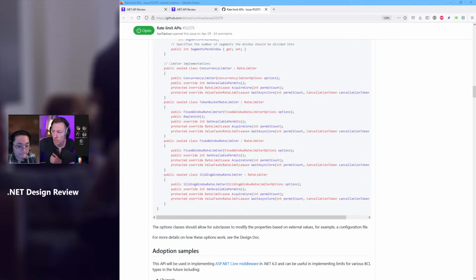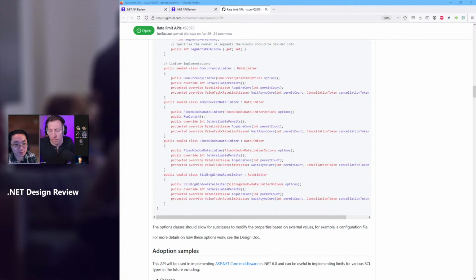I mean, it could be that it has abstract bool try refresh, and it just calls that. But then you're using refresh instead of replenish on the token bucket one. So it would be reasonable, and the good news is you can slide it in later, right? Okay, fair enough. You can add new base classes, and that's not a problem. So you don't have to solve that today.